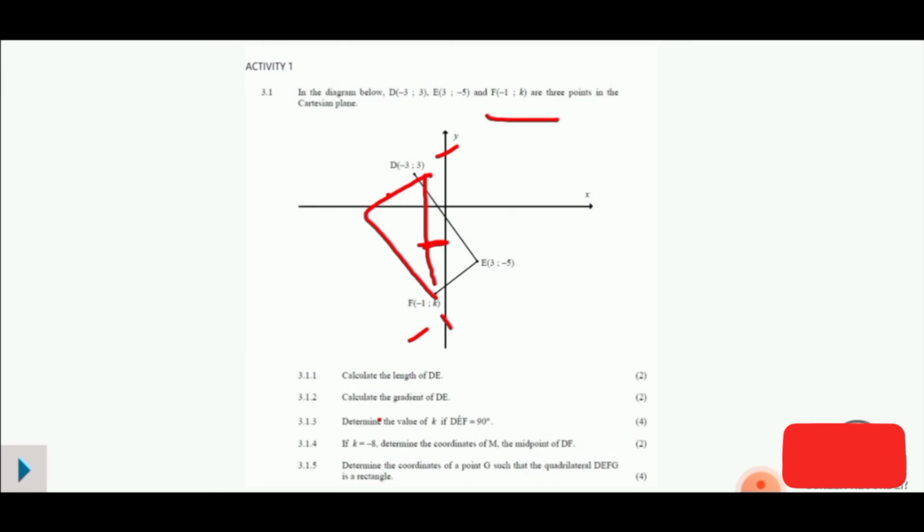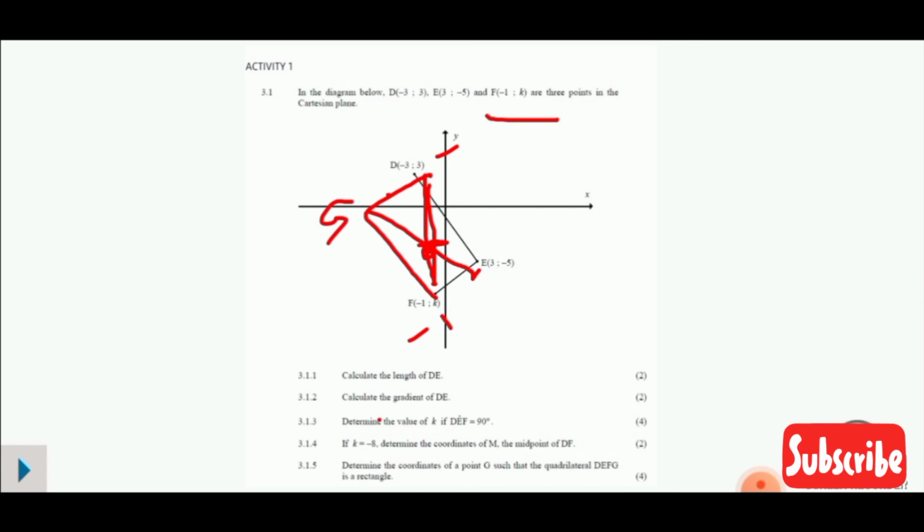They say determine the coordinates of G. So this is G right here. Remember, in a rectangle, diagonals are equal in length. So this is our first diagonal that we got its midpoint, and there's going to be another diagonal here which has the same midpoint as that one.